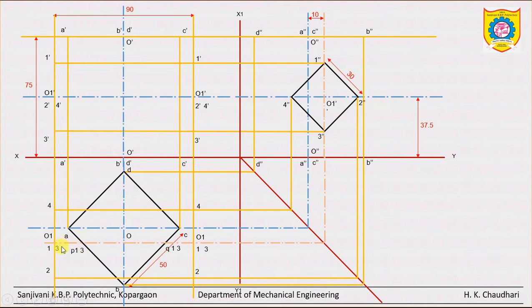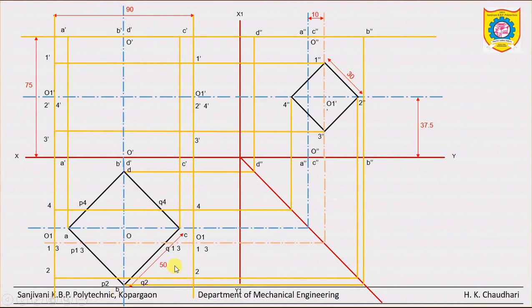Similarly here will be points P2 and Q2, and again P4 and Q4. So these are the points where the edges start intersecting the vertical faces of the prism, and leave the vertical faces on this left side at this point.